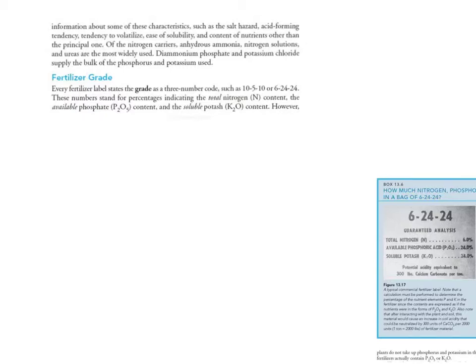I want to just note that when we talk about fertilizers and fertilizer grades, we're really talking about specific things that are chemically analyzed, but sometimes those specific things like phosphate and potash aren't actually the form of phosphorus that's taken up by the plant. This is just how we chemically define what's in a fertilizer. For instance, what's in a 6-24-24 mix of fertilizer.